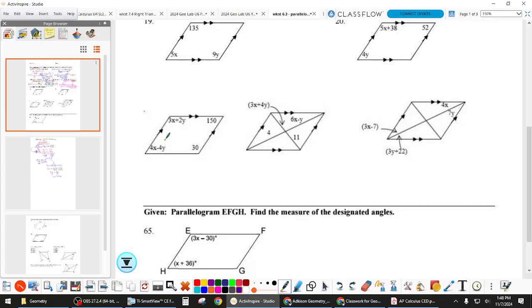What property is best to use? Number 2 is parallel or congruent sides. Number 3 is bisectors. Yes, 4. It's better to do it this way to get those equations than doing 180. That makes this a mess, okay?